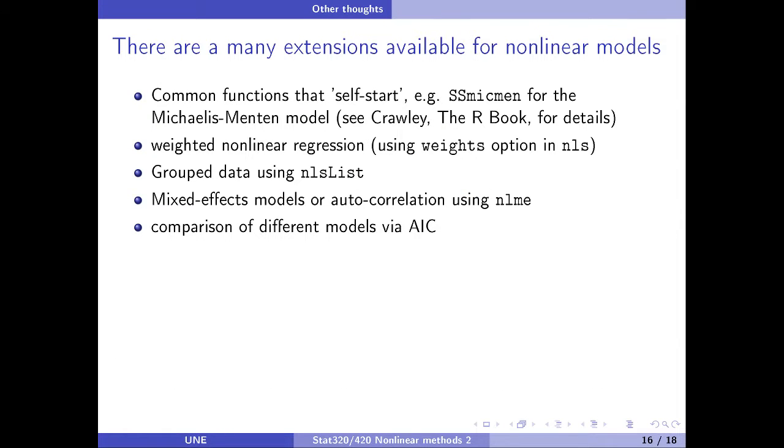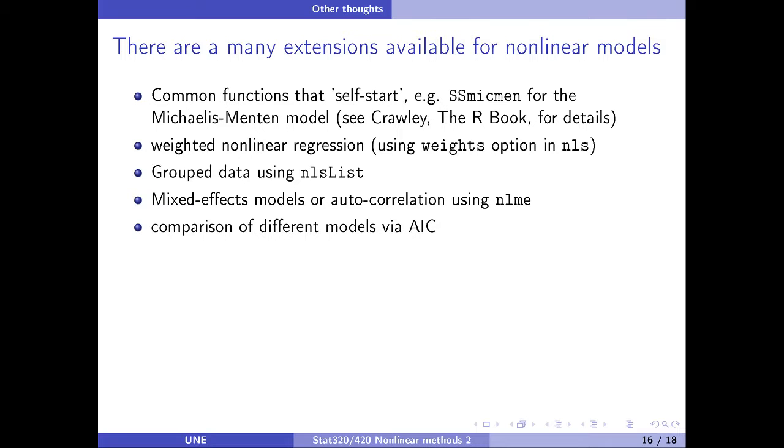Okay, that's all we need to say about standard errors, confidence intervals, and prediction intervals. If you can follow that, and you're given dg d theta, you can do this for any curve. I want to talk very briefly about some extensions. Some functions are reasonably common, and they've been programmed in more detail using what are called self-start functions.